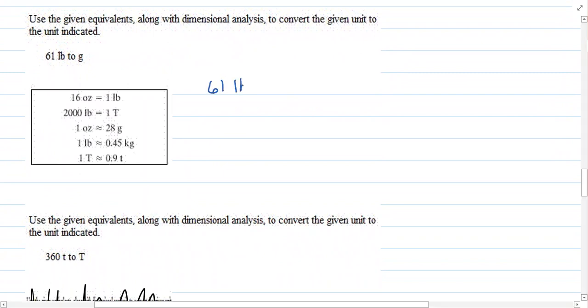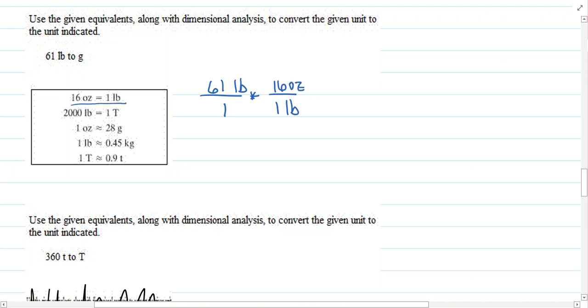61 pounds is what I'm starting with, and I want grams. So grams is here, and I have ounces. Okay, pounds to tons, nope, that's the one I need, right there. So what I'm going to do is convert pounds into ounces. I know 1 pound is equal to 16 ounces.